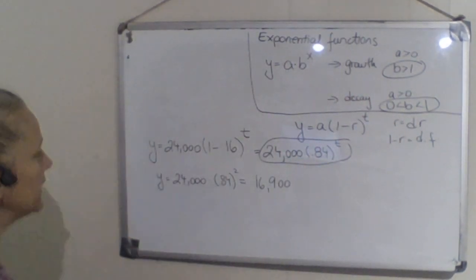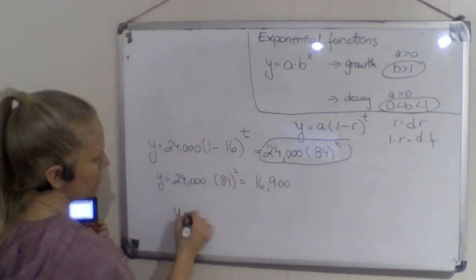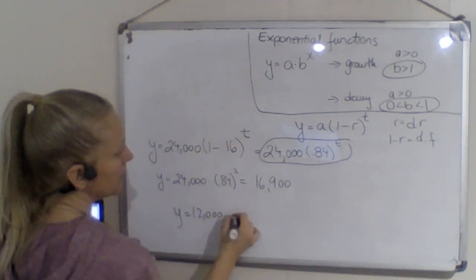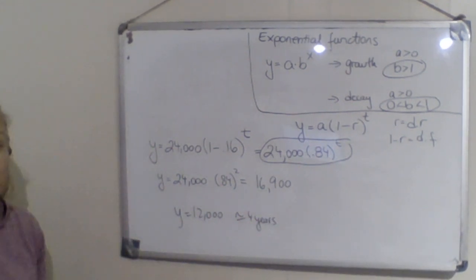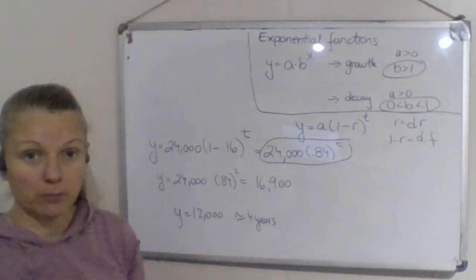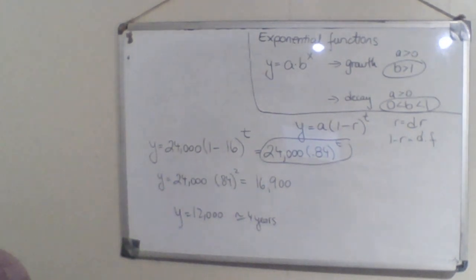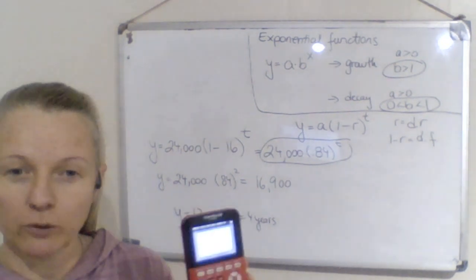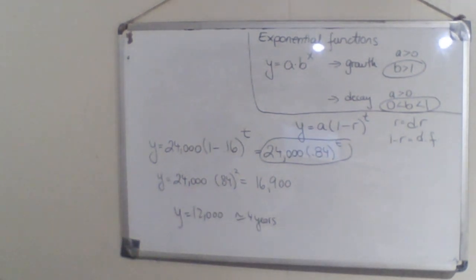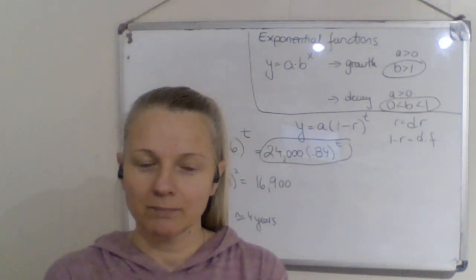So y is $12,000 in about 4 years. So you only get half value for your car in about 4 years after buying it. So anytime you graph them, anytime you need to find a value, please remember the trace button. You go up and down until you find your y, and that's going to give you x. And that, friends, was 8.2. Happy homework.